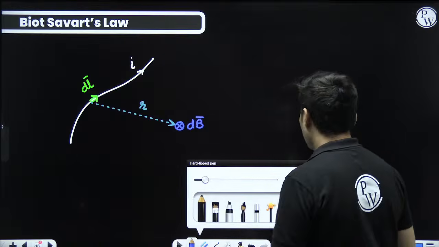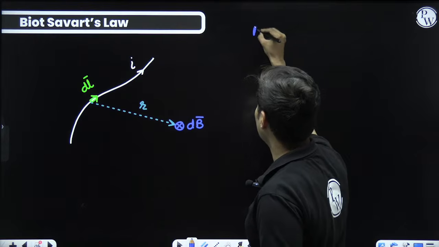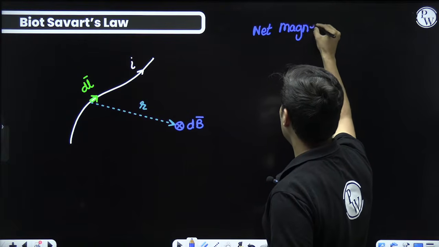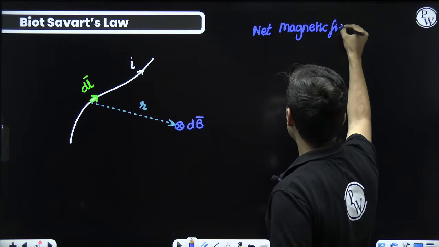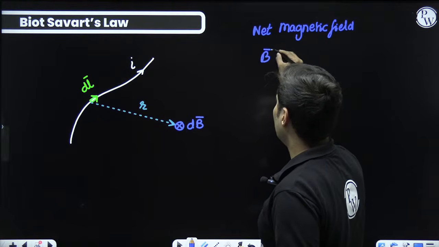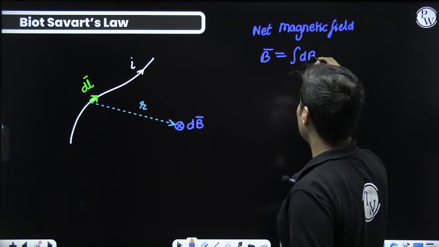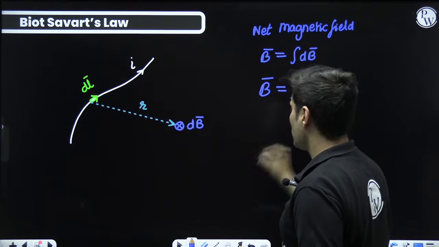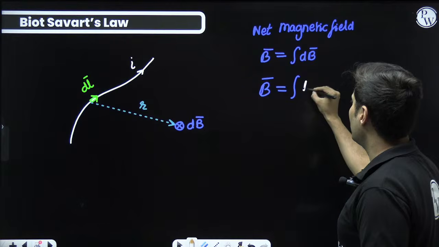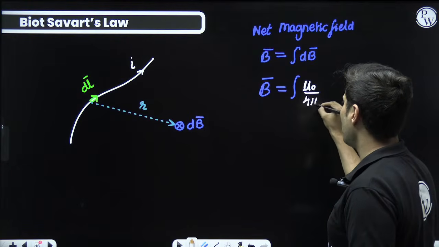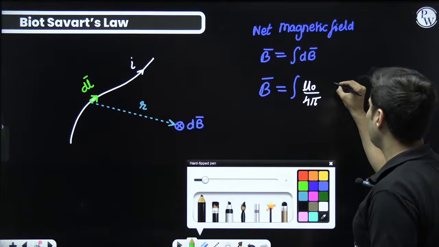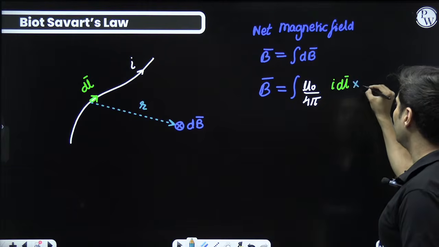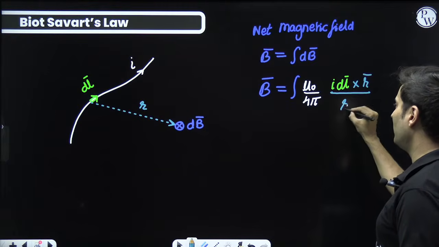The net magnetic field B vector will be the integration of dB vector. Each dB will be mu naught divided by 4 pi, times I into dl cross product with r vector, whole thing divided by r cube.